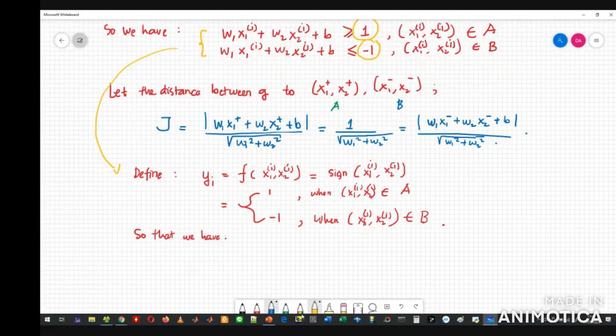Let's say I use blue. We have w1 x1 i plus w2 x2 i plus b, times yi, which is positive, for i equals 1, 2, up to the number of data, n.